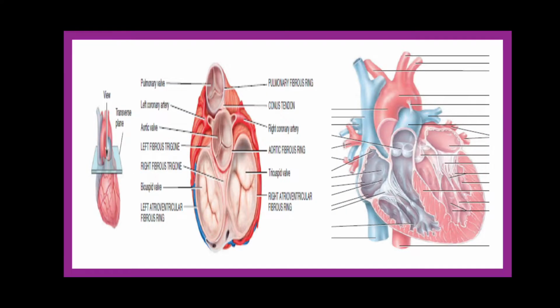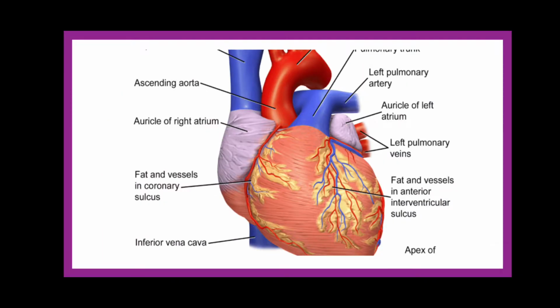Another prominent feature seen on the surface of the heart, specifically on the atria, is the two auricles, present on the right atrium as well as the left atrium. What are auricles? Auricles are wrinkled, pouch-like structures. What is their significance? They increase the capacity of the atria to hold a larger volume of blood. Why are they called auricles?